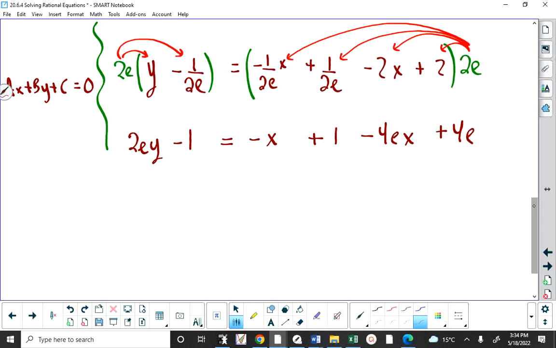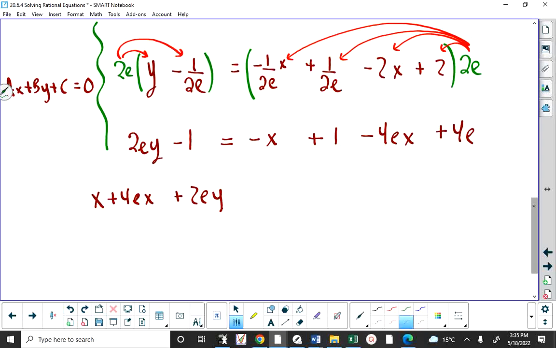I'll just stand back and double check that for a second here. 2ey minus 1 equals negative x plus 1 minus 4ex plus 4e. I'm going to zero the equation by moving my terms to the left side where I have x plus 4ex. Then I have my y terms, which are 2ey.